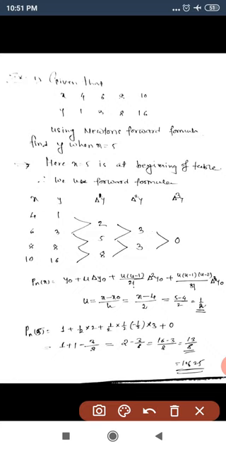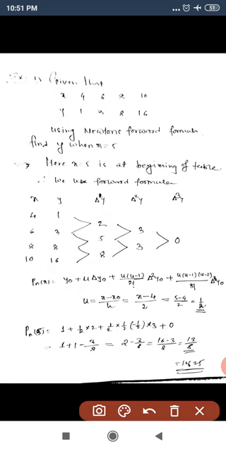Now in the forward difference table, as I said, these values are important. So this 2 is equal to what? Del of y0. This 3 is the del square of y0, and this 0 is del cube of y0.